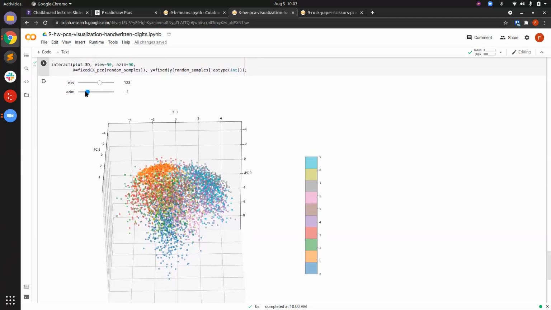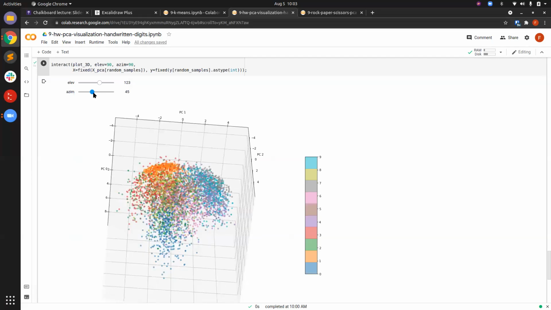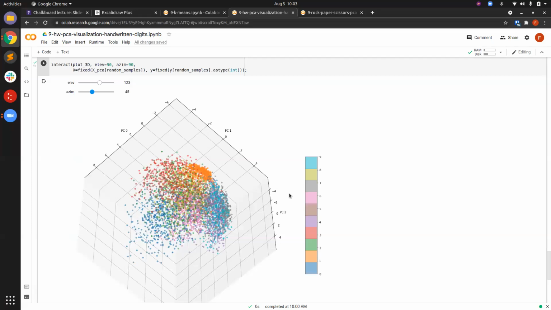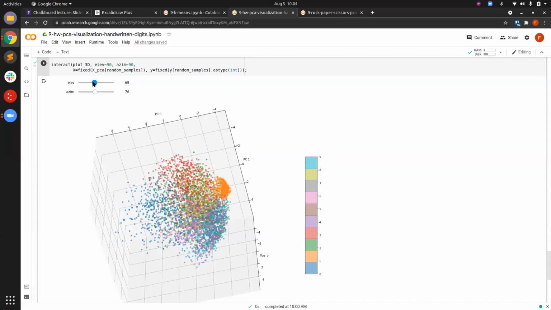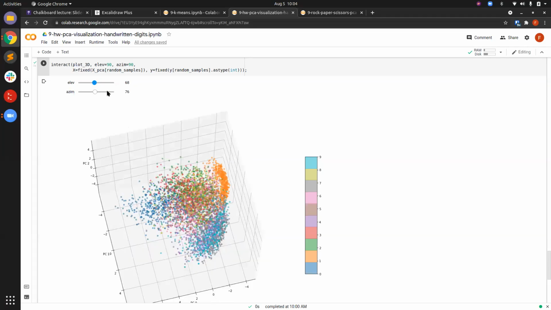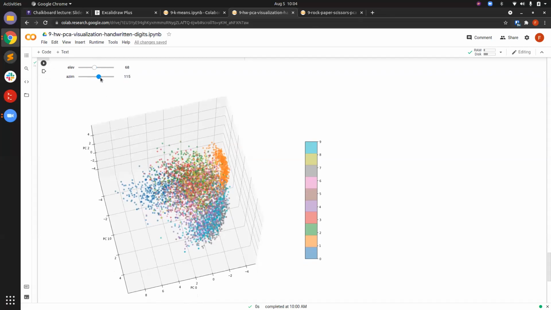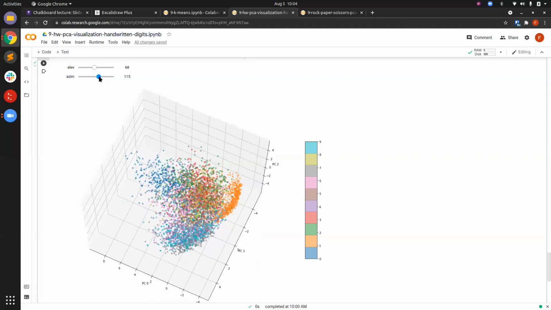And finally, let's look at PC2 here. Turn this a little. Okay, so here's PC2. Trying to get a good view of the PC2 dimension.